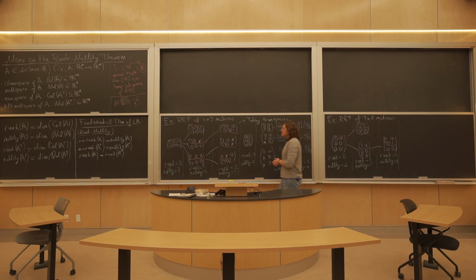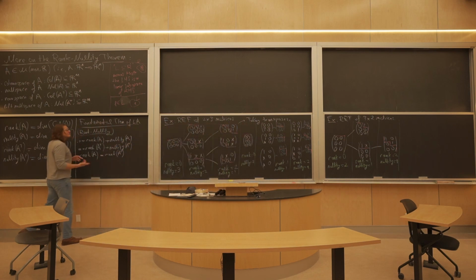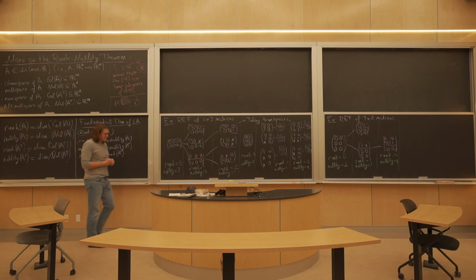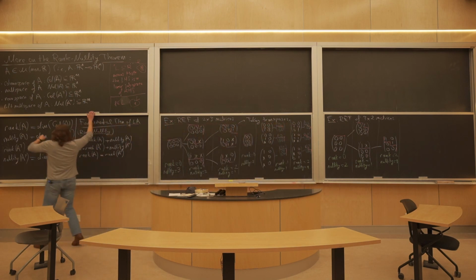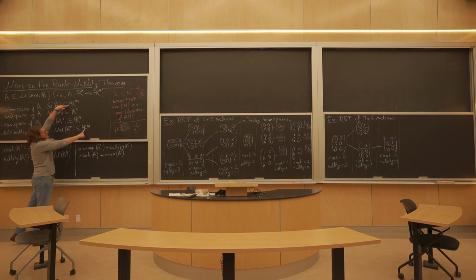Okay? Now there's a third version of the fundamental theorem of linear algebra that says something about how these four spaces are positioned inside these vector spaces. But possibly we're going to discuss that once we start talking about inner product spaces. What we would really want to say is something like the column space of A and the left null space of A, that is to say the null space of A transpose, which are both subspaces of R^n and R^m, are really perpendicular.